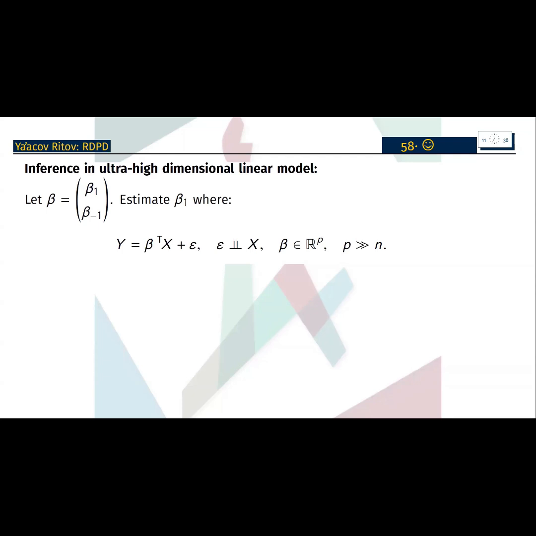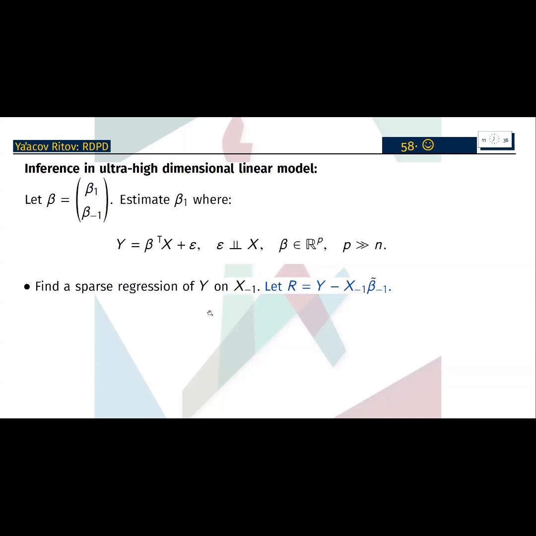I consider my beta as a vector with two components, beta 1 and beta minus 1. Beta 1 would be finite dimensional, let's say real. Beta minus 1 would be very high dimensional. So I have this model, and I want to make inference about beta 1. I want the estimate of beta 1 to be efficient.